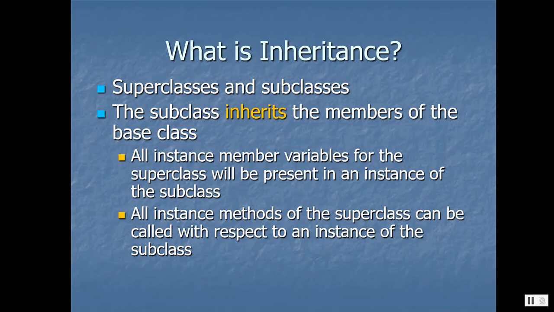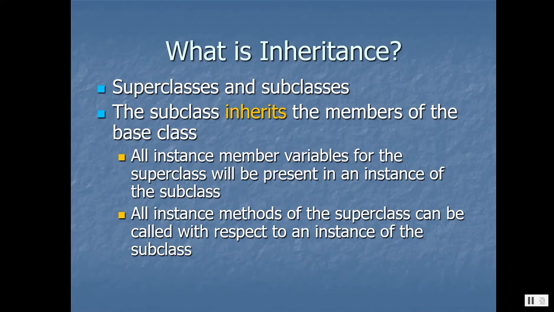That means any instance member variable of the superclass will also be included in an instance of the subclass. So the subclass is going to have its own member variables. It's also going to have the member variables of its superclass. And in fact, if there was an inheritance hierarchy where one class is a subclass of another, which in turn is a subclass of another, which in turn is a subclass of another, this class that's at the lowest part of this hierarchy is going to inherit all the members from all the classes up the ancestral chain.